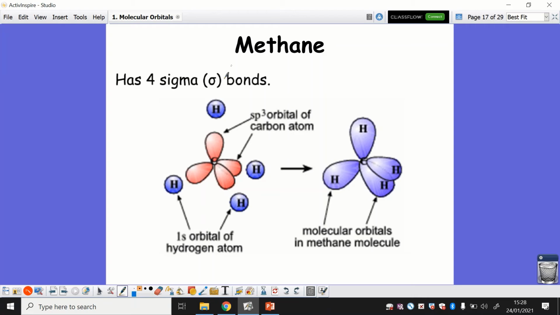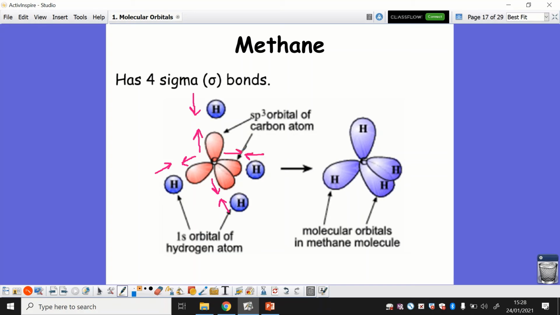So methane has 4 sigma bonds. Here is our carbon atom with our 4 sp3 orbitals there. We have a hydrogen coming to one of our sp3 orbitals, end on, another one end on there, another one here, and another one there.